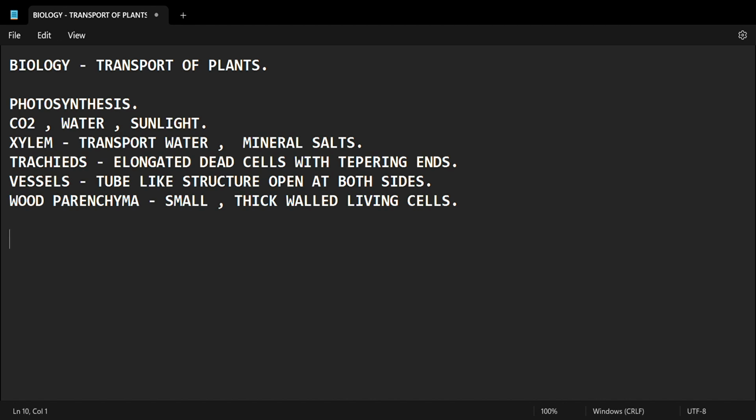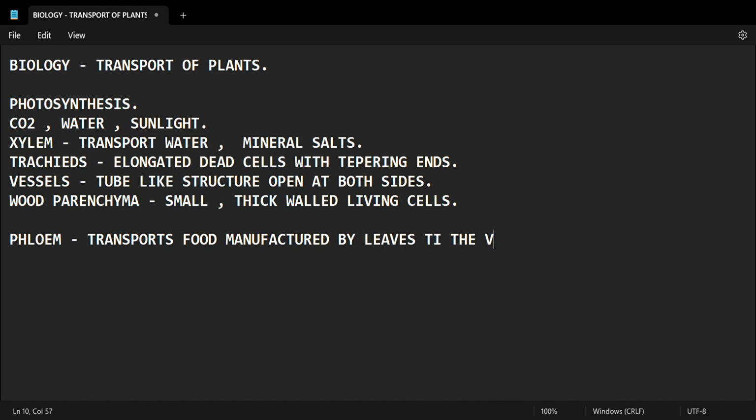Now the phloem. It transports food manufactured by leaves to the various parts of the plant.